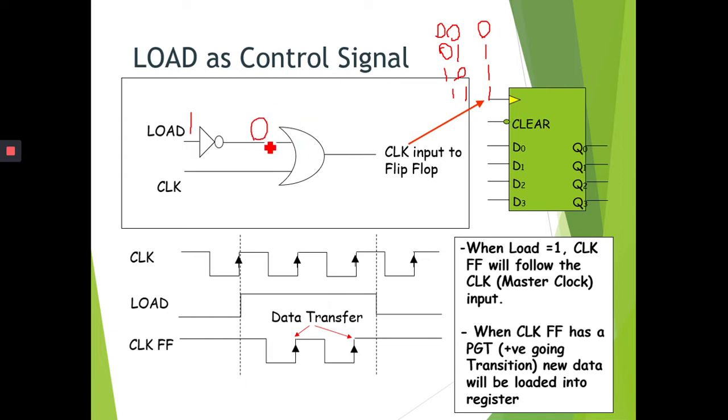When here is 0, whatever comes from the other input of the XOR gate, which is the clock, will be sent to the output.